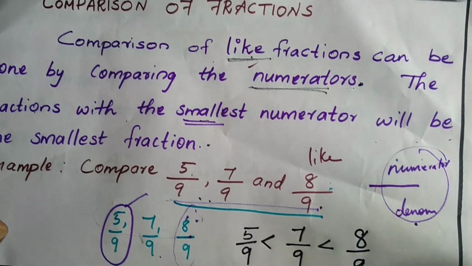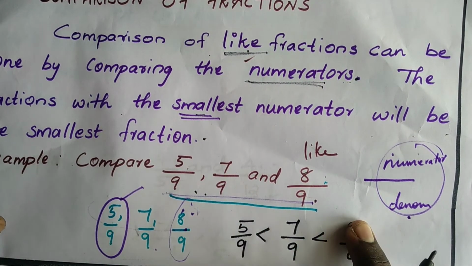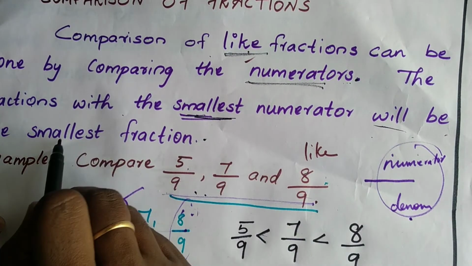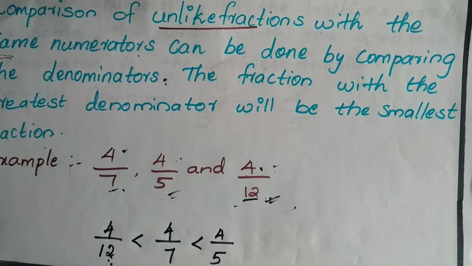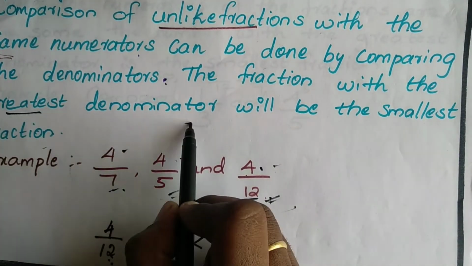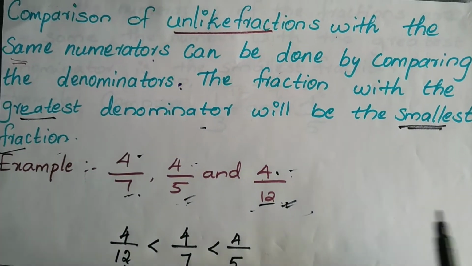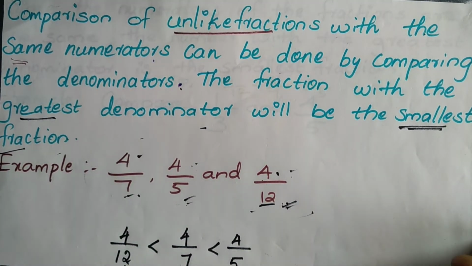If the denominators are the same and the numerators are different, the smallest numerator will be the smallest fraction. Here the condition is: the greatest denominator will be the smallest fraction. Are you clear?